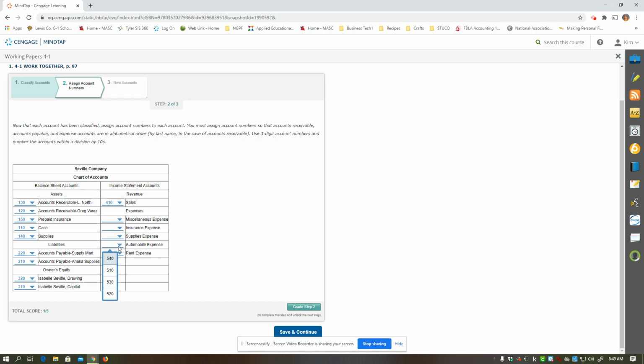So I would go with automobile as the first one, 510. Insurance would be next, right? 520. M for miscellaneous for 530. R is next for 540. And S should be next for 550.